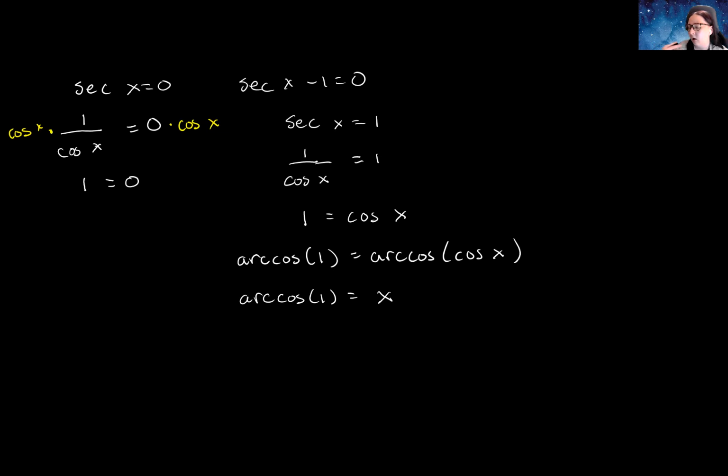And I prefer to write arc cosine versus cosine to the -1, just because usually that -1 exponent makes people think you're doing 1 over, because a negative exponent is a reciprocal when you have things with x. So I don't like to get that confused. That's why I write arc cosine instead, so you don't accidentally think you're doing 1 over.